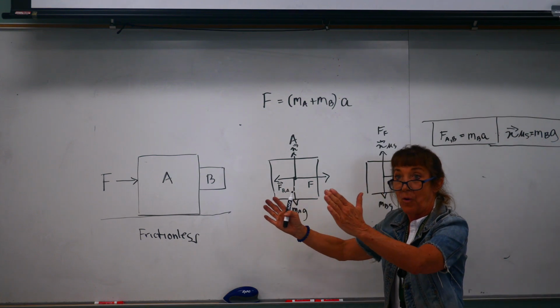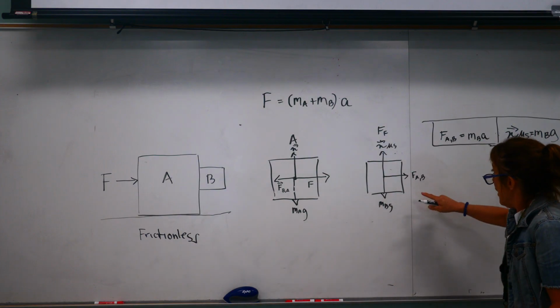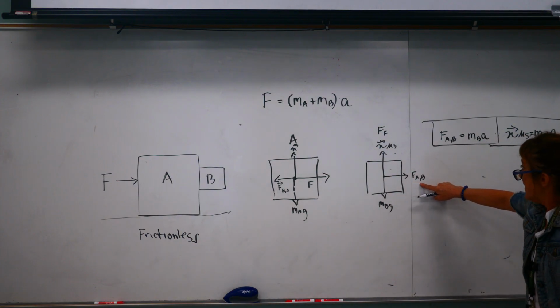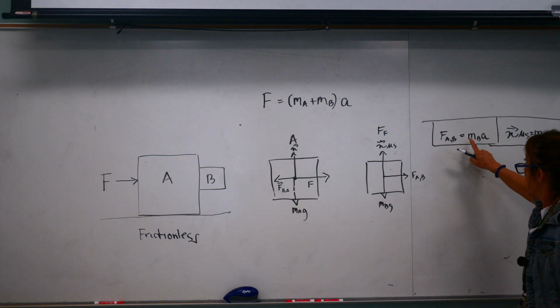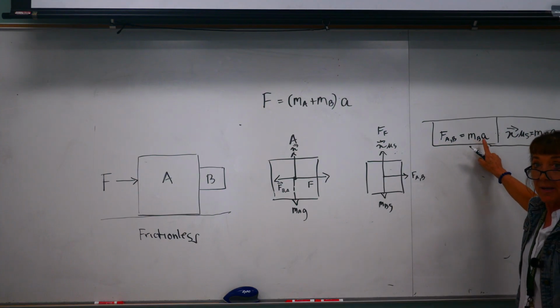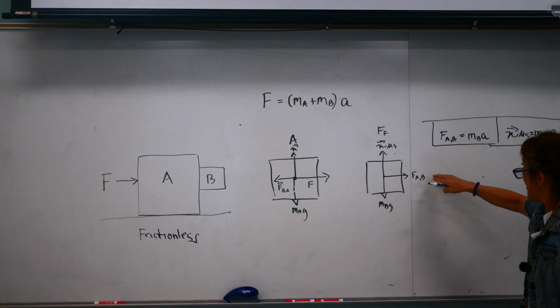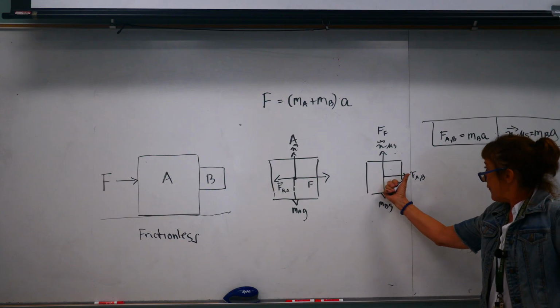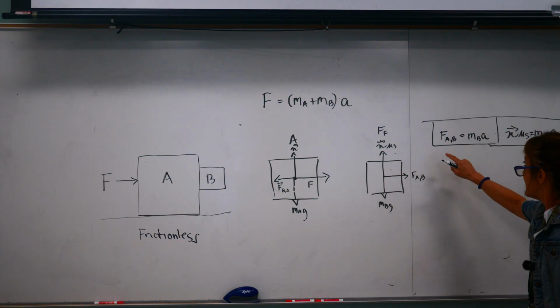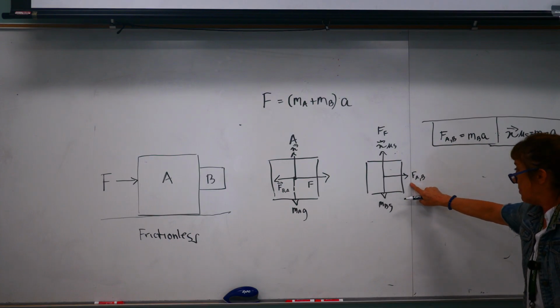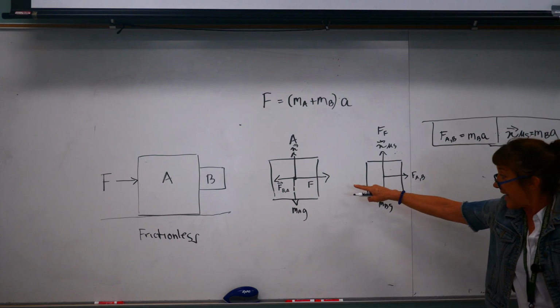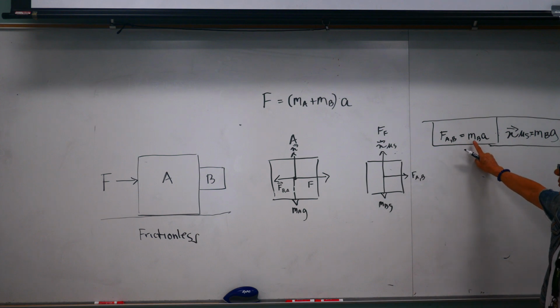But it is moving forward. So the force of A on B is going to equal the mass of B times a, right? F equals ma. I'm pressing on B, which is the force of A on B. That force is equal to mass times acceleration.